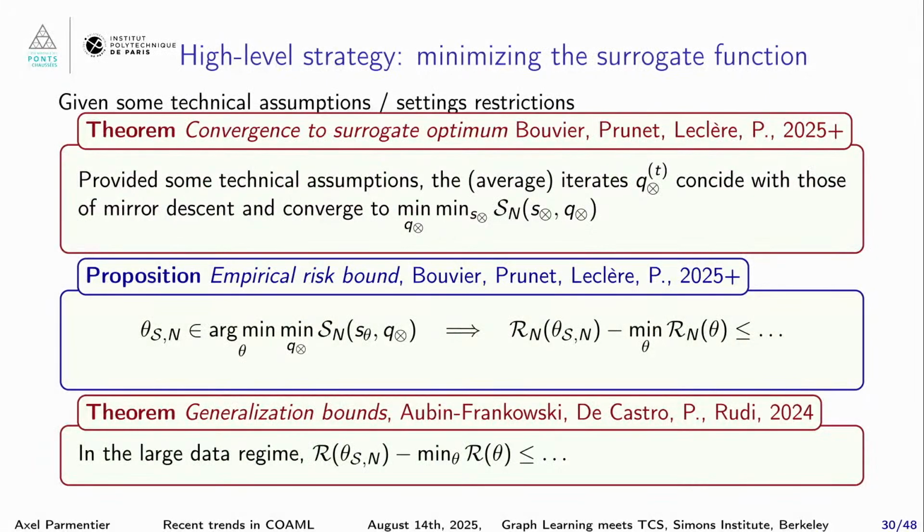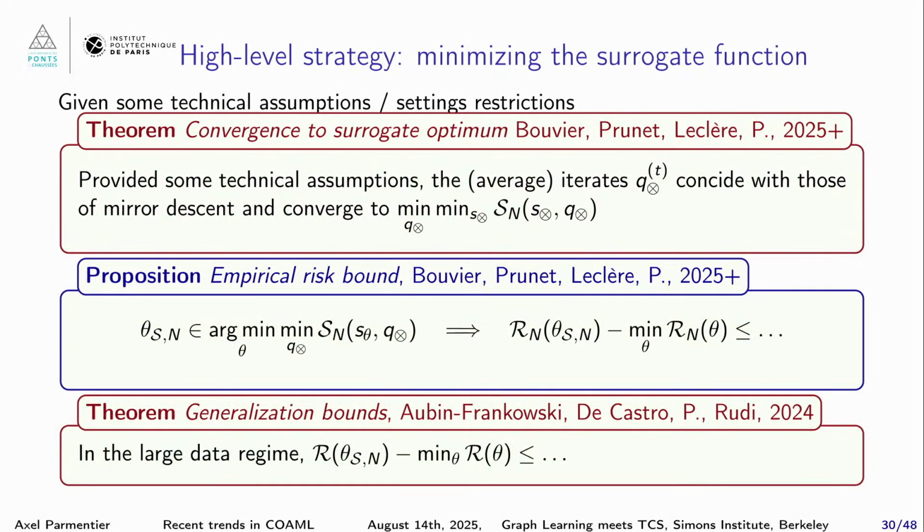The first thing is, provided some technical assumptions, the iterates you have coincide with those of mirror descent for another function. The function that you get when you minimize over S, you get a function that depends only on Q when you minimize over your score, okay?